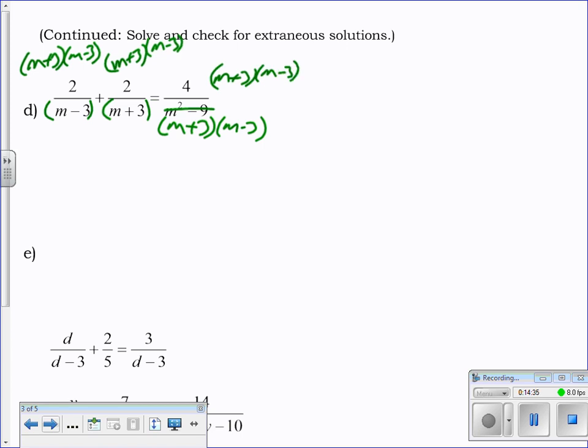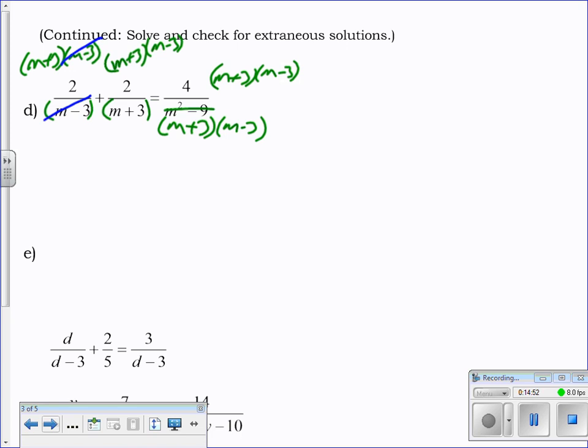That's what I'm multiplying times every term. The reason I did that is because when I multiply this times that, things will cancel. My m minus 3's cancel.